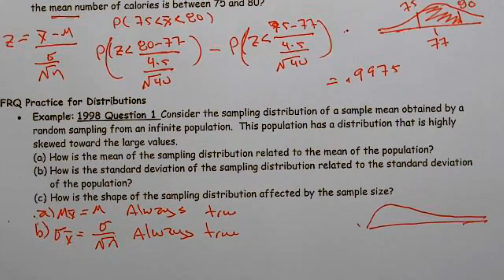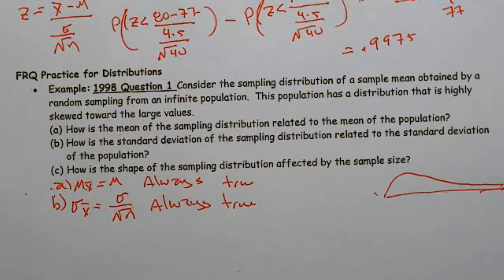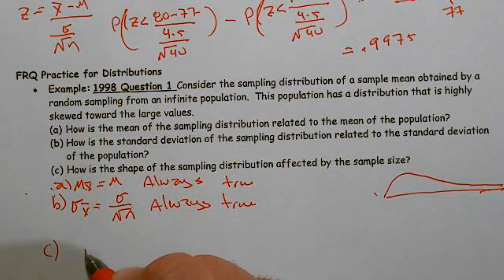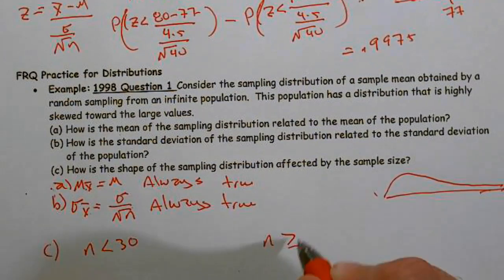Now, finally, how is the shape of the sampling distribution affected by the sample size? So we have two things to do. We need to address n less than 30 and n greater than or equal to 30.